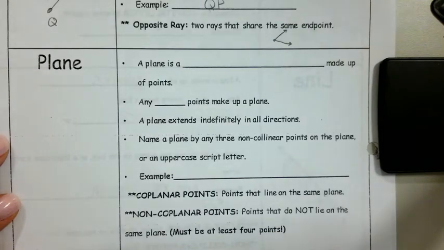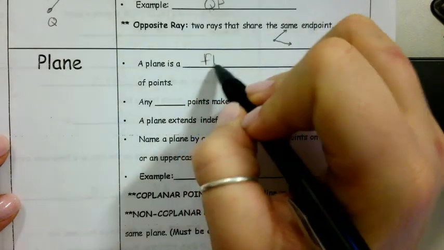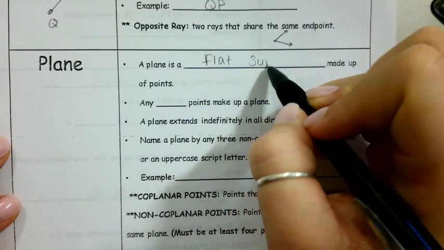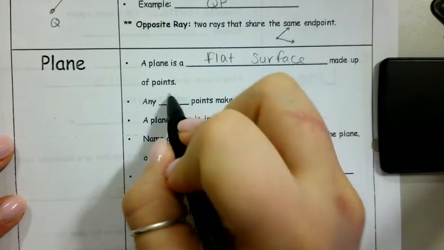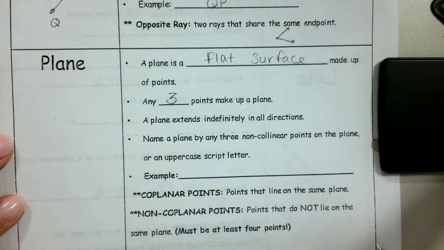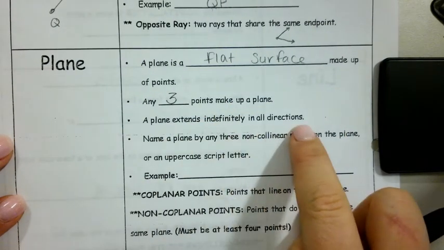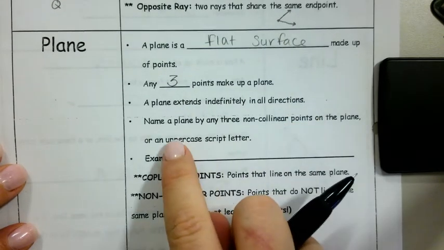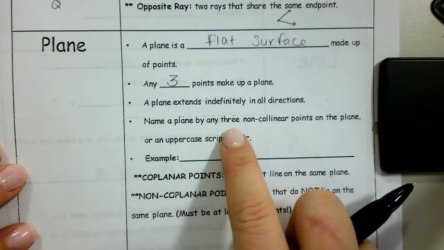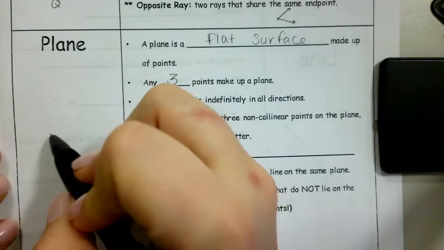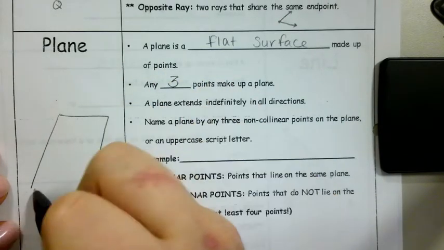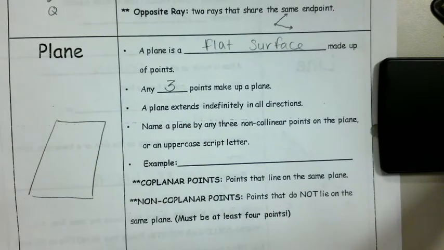Okay. A plane is a flat surface made up of points. Any 3 points make a plane, and a plane extends infinitely in all directions, so it keeps going on forever. Name a plane by 3 non-collinear points on it or the uppercase script letter. So let's draw a square here. That's the easiest way to draw a plane.